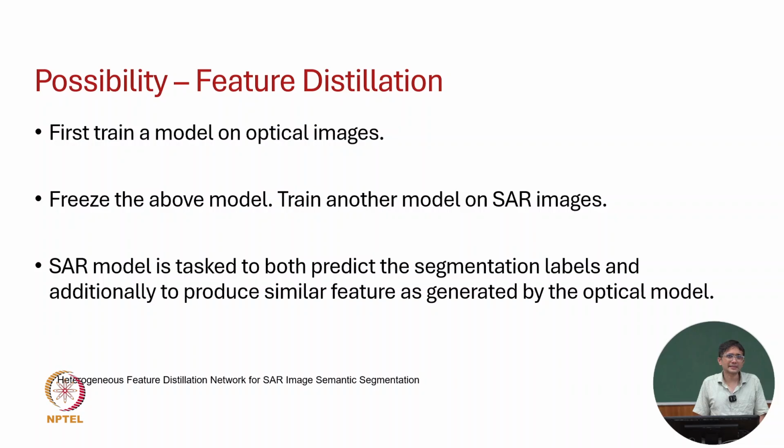The SAR model we can task to both predict the segmentation labels, on whatever annotated data is available, and at the same time, using some kind of distribution loss, to produce features similar to those generated by the optical model on optical images, which capture a similar kind of distribution, a similar kind of area.